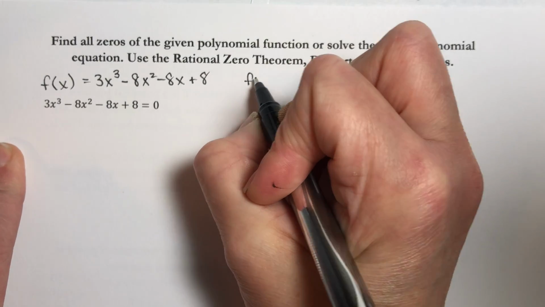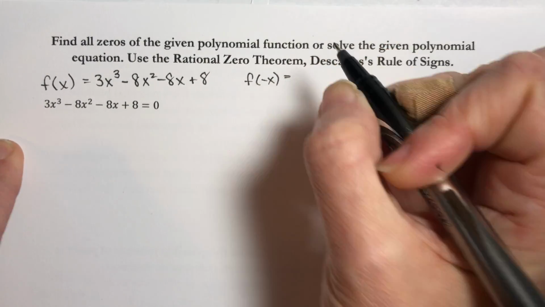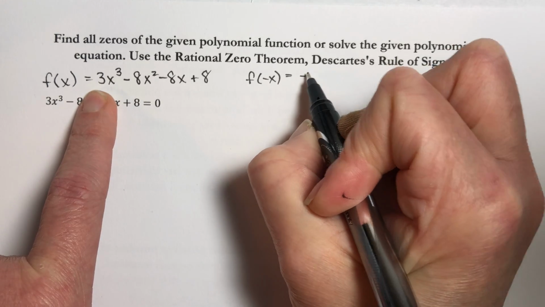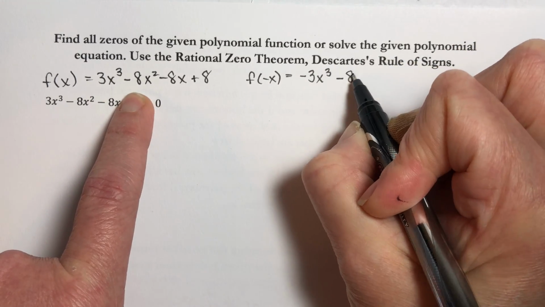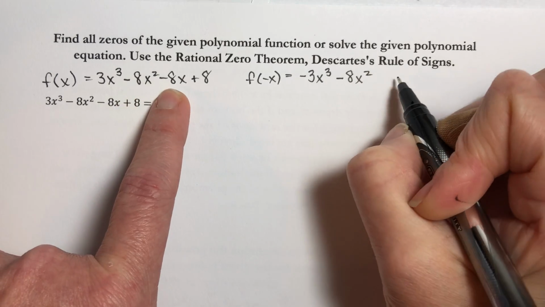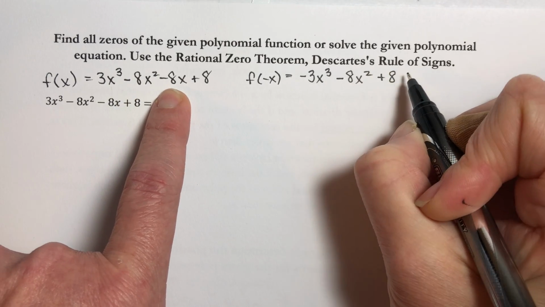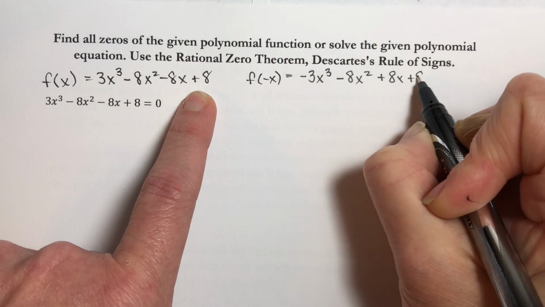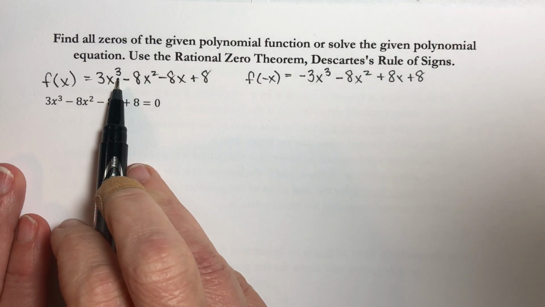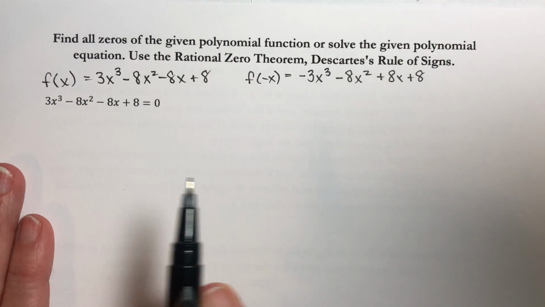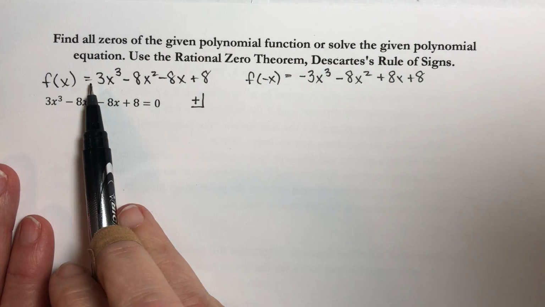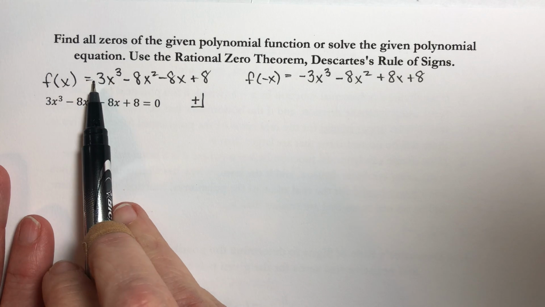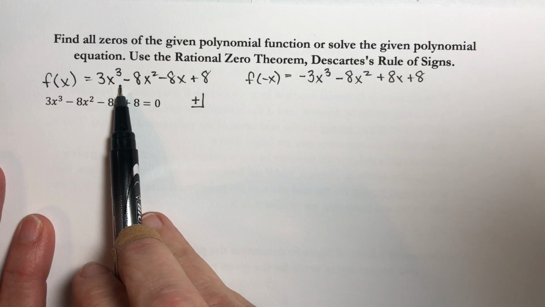So f of negative x would be negative 3x cubed minus 8x squared plus 8x plus 8. I expect to get 3 answers because that's the degree. So how many possible positive solutions do I have? I'm going to count my sign changes. I go from positive to negative, so that's 1.